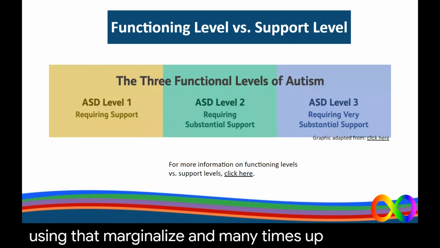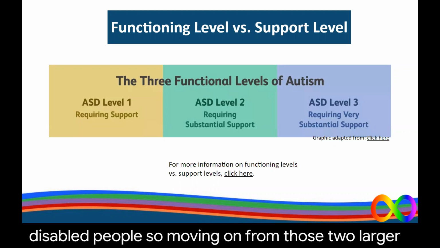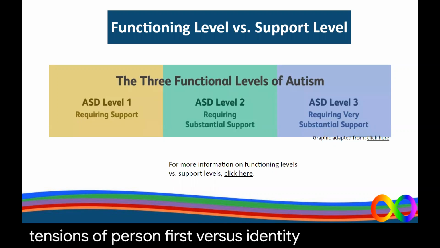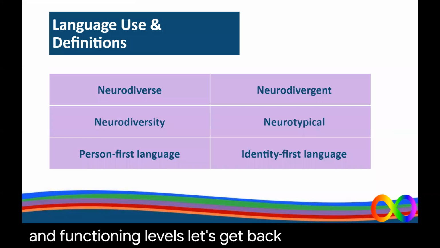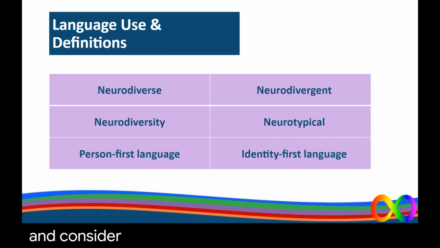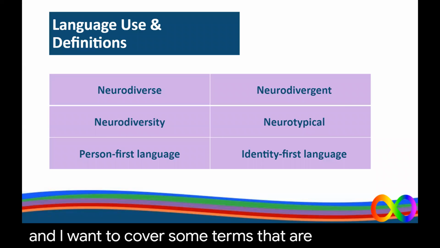So moving on from those two larger tensions of person first versus identity first language and functioning levels, let's get back to neurodiversity and consider some terms that are frequently used, and I want to cover some terms that are frequently misused.